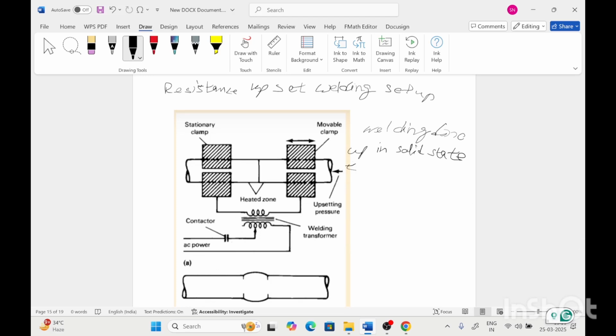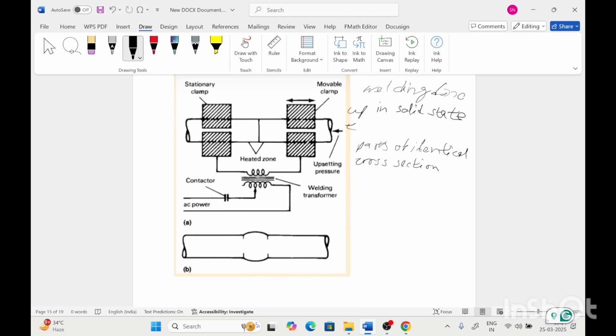The criterion for resistance upset welding is that the parts should be of identical cross section, meaning the diameter of the two parts should be the same to form the butt joint. Otherwise, the welding joint cannot be made.